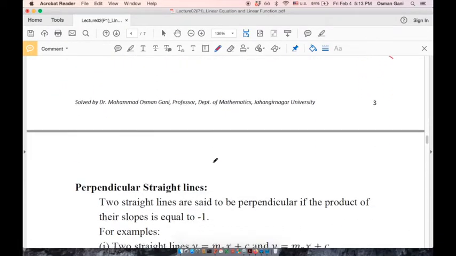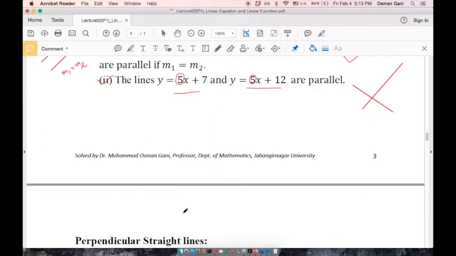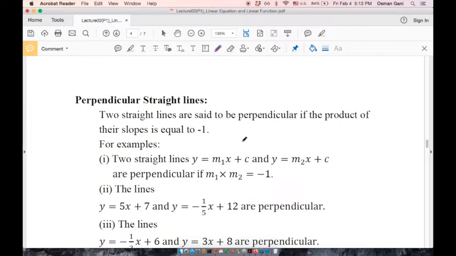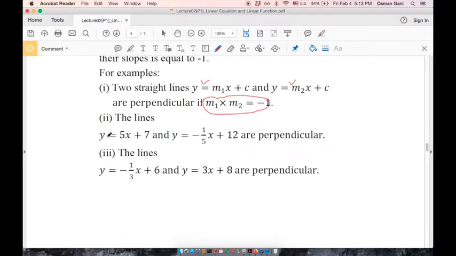And the next definition is perpendicular lines. Two lines are said to be perpendicular if the product of their slopes is equal to -1. For example, this line and this line, if perpendicular, then the product of their slopes will be -1.